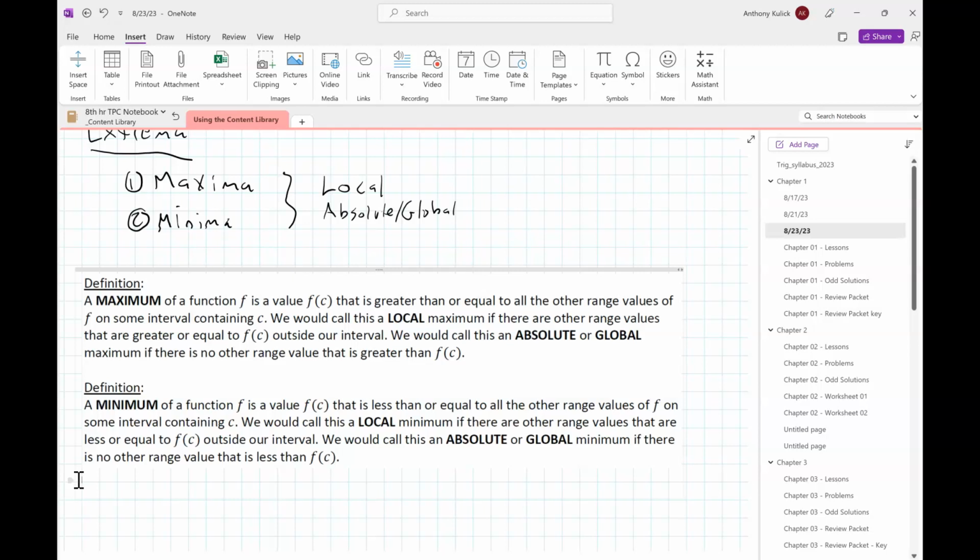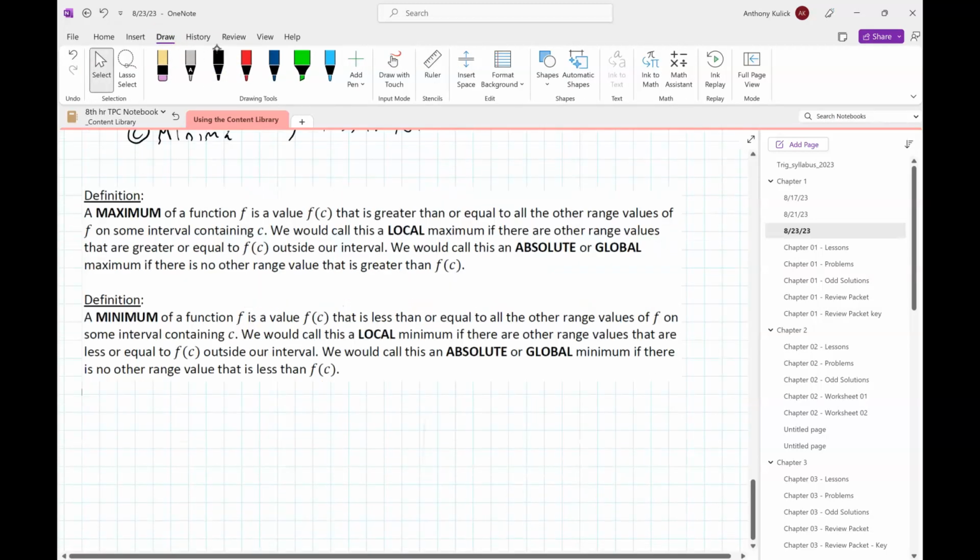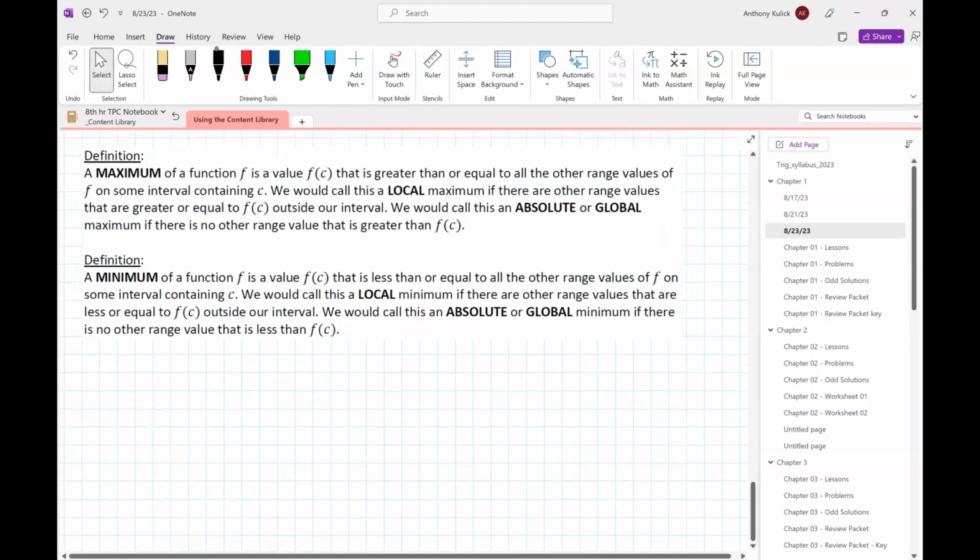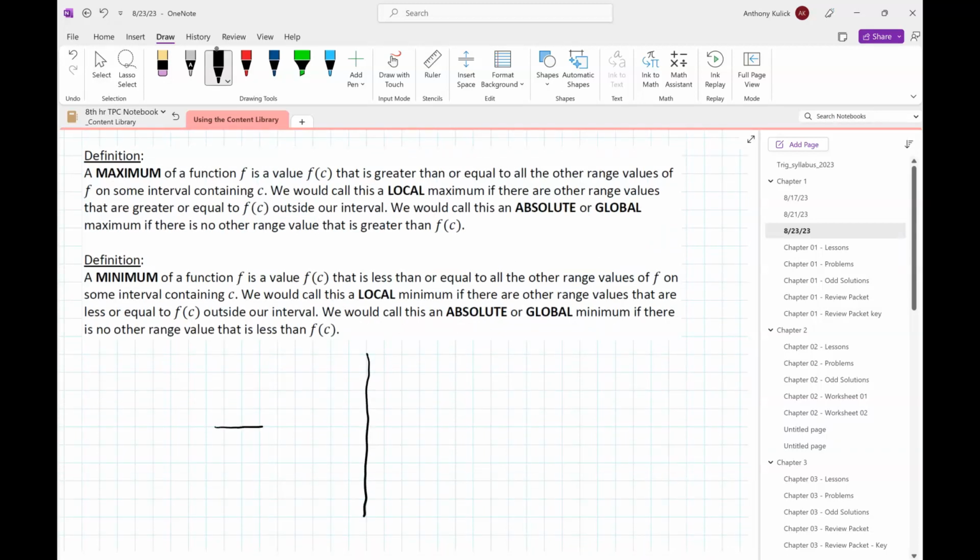So let me draw a little picture and we'll identify the extrema and what kind they are to get the idea, and then we'll do one more example where we use the calculator also, and that ought to get us through the day here.